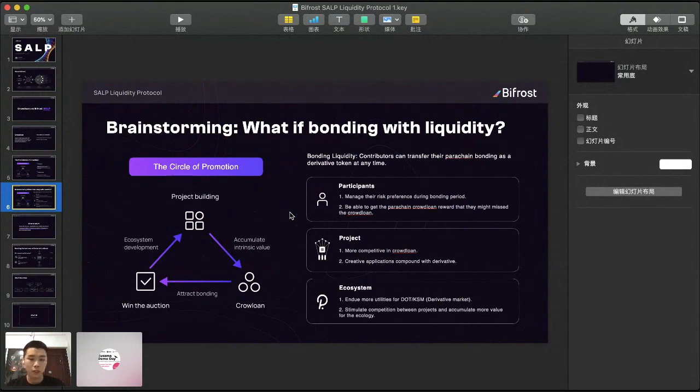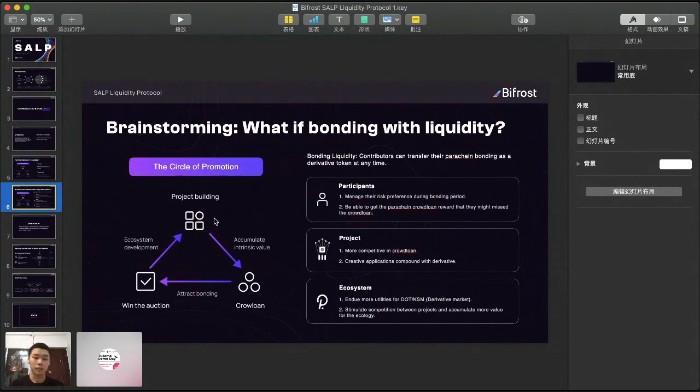For projects, they will have a more competitive environment during the auction, which might bring them creative applications combined with derivatives. And with community support, the ecosystem will be molded around the utilities of the DOT and Kusama derivative market, stimulate competition between projects, and accumulate more value for the ecology.